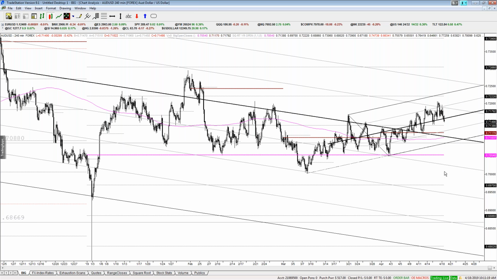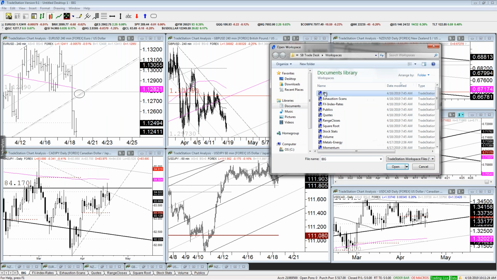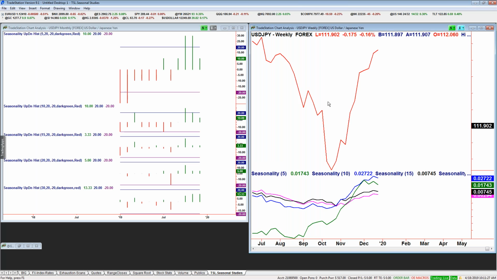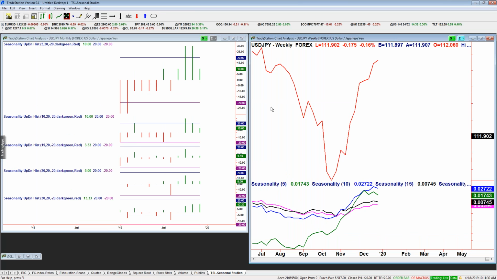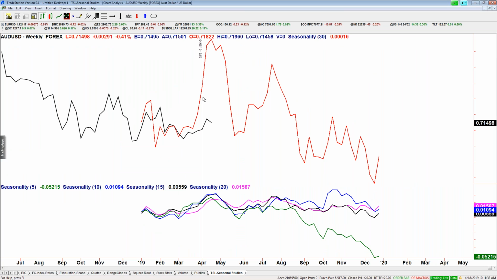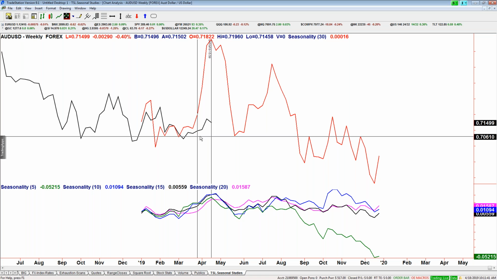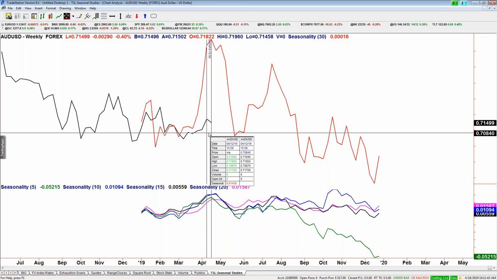And remember, I posted it in Sunday's update, we are now at the seasonal topping point in the Australian dollar, right? We have rallied through a seasonally strong point, but not much. I mean, it's been super muted, right?